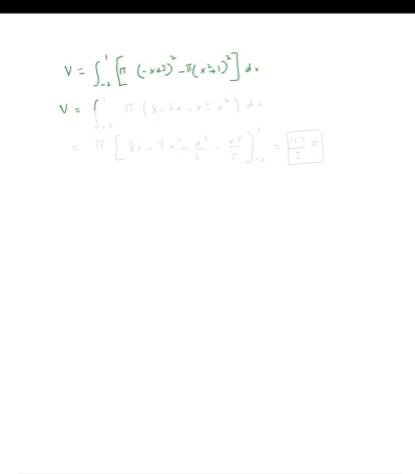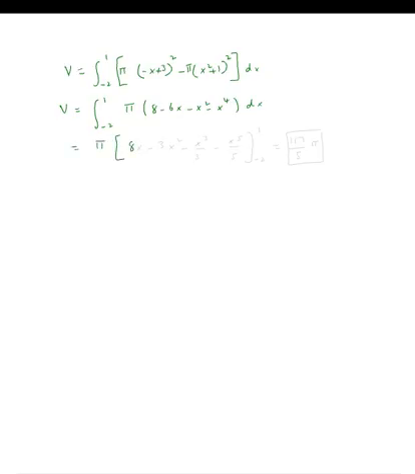If you FOIL it, you're supposed to get the integral from negative 2 to 1 of pi times 8 minus 6x minus x squared minus x to the fourth dx. We can take the pi outside and then integrate.